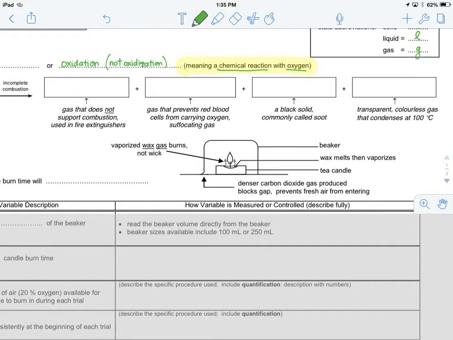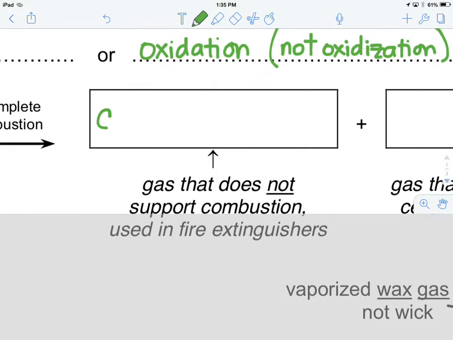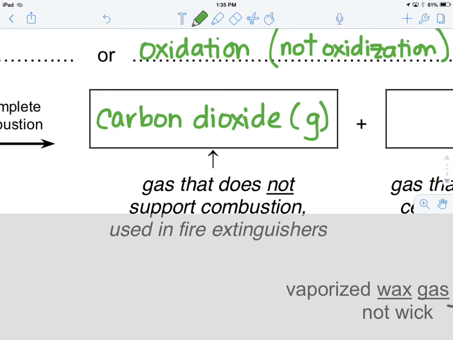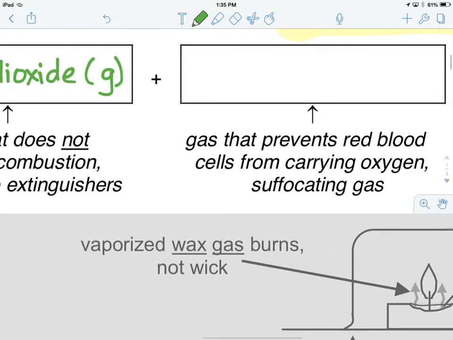The first is a gas that does not support combustion, so it doesn't allow things to burn, and it's used in fire extinguishers. This is, of course, carbon dioxide. It does not burn, but it's produced when things burn.